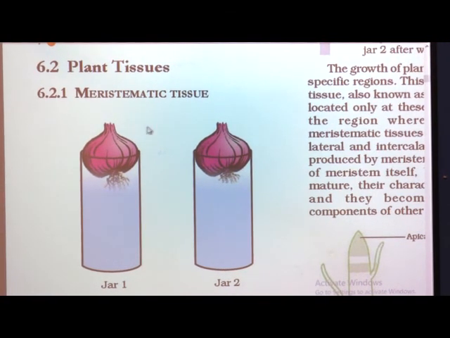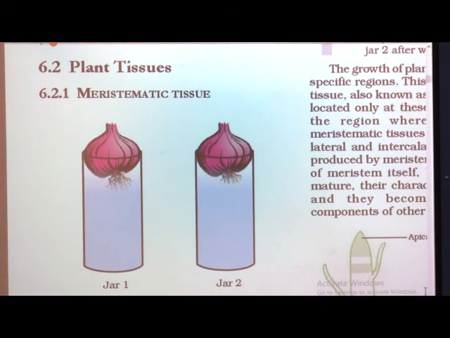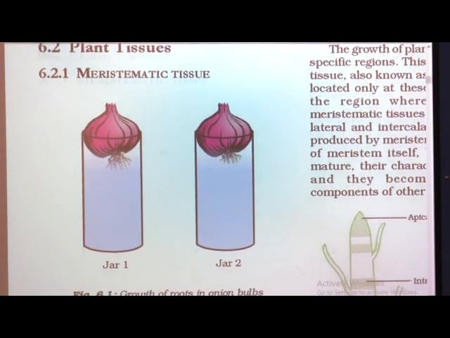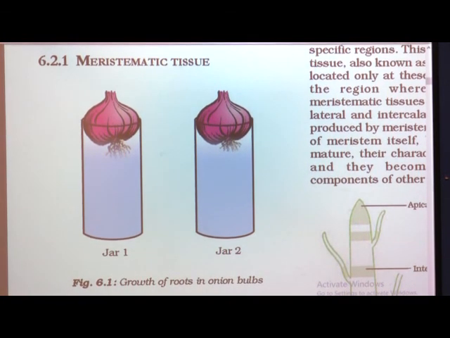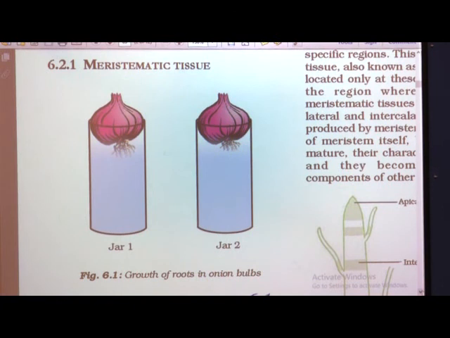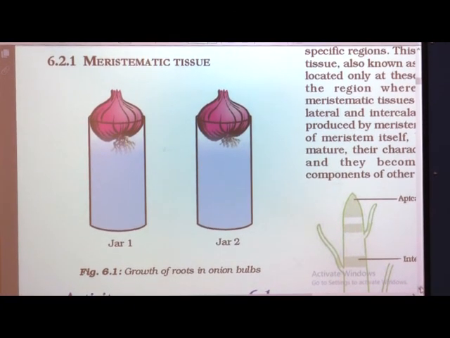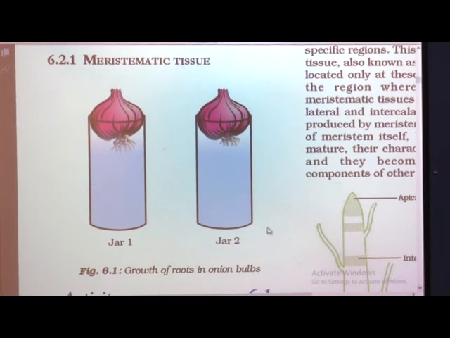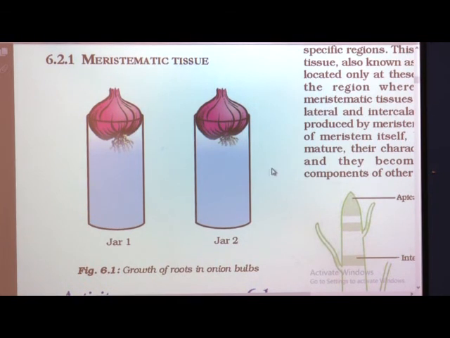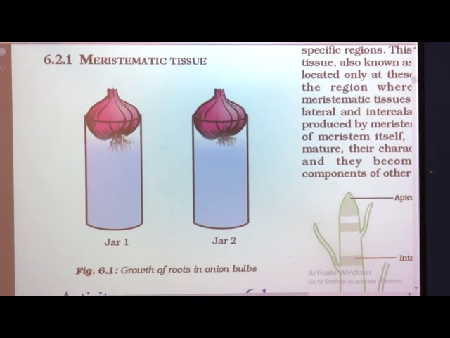For understanding this tissue, there is a small activity given. You can see here in the figure, there are two jars kept in which onion bulbs are there. Growth of onion bulbs can be seen here in both the jars. These are the roots of onion bulbs.